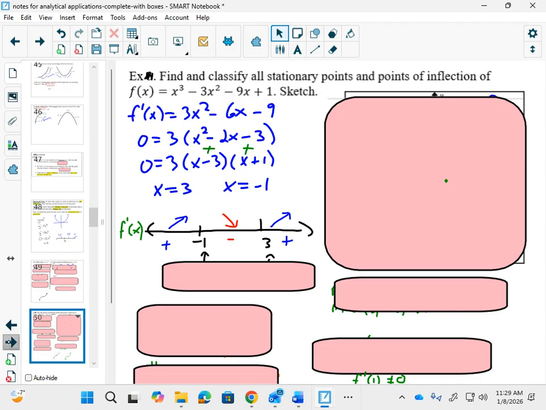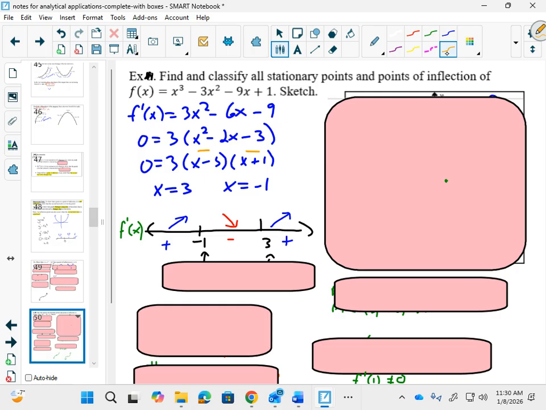There's my sign diagram. Again, I'm going to take out my fancy orange pen. There it is. And if I was testing something less than -1, like a -2, can you see this would be negative, and this would be negative if I use the factored form.